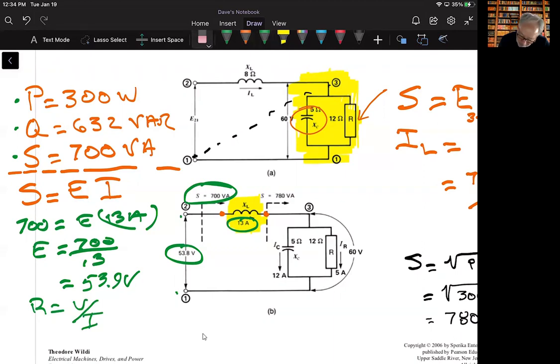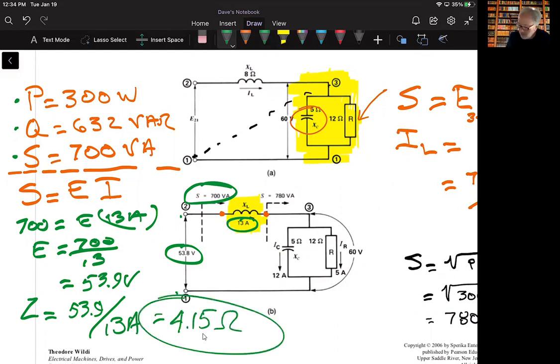Just to kind of review for you, but we've kind of outgrown that now, because what we're thinking about is an impedance that's equal to 53.9. We'll just stick with that since that's what he's given us. And that's divided by the current of 13 amps. And so the impedance between those terminals would be 4.15 ohms.